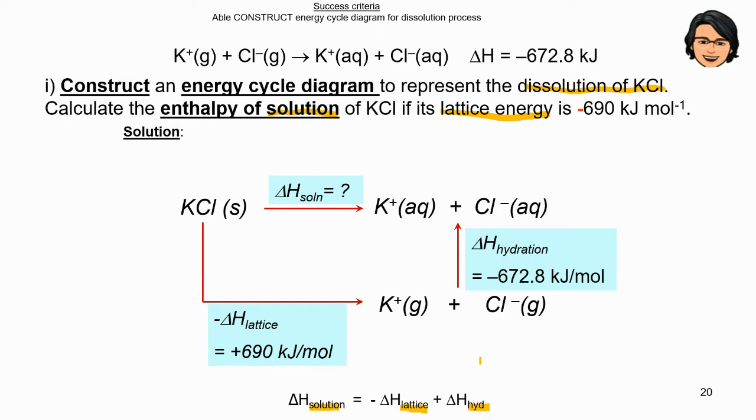This type of energy cycle only contains three types of enthalpies: solution, lattice, and hydration. So same thing again, you construct the cycle by starting with the enthalpy of solution, and then you construct the cycle with the given information.